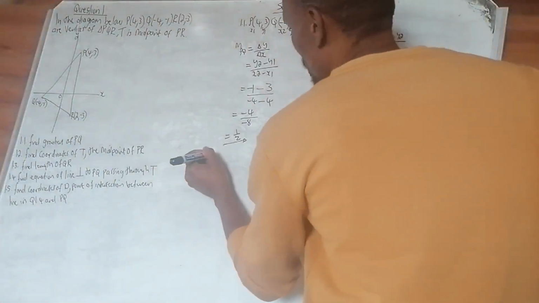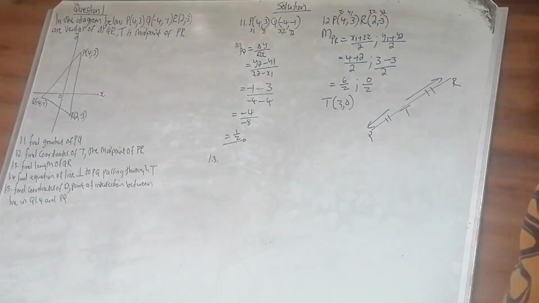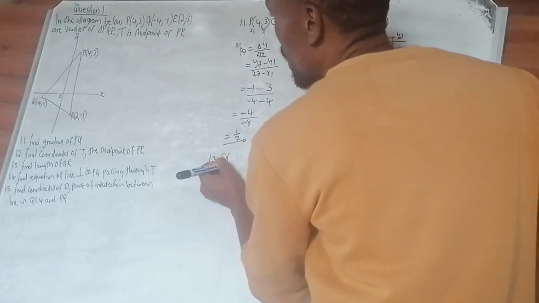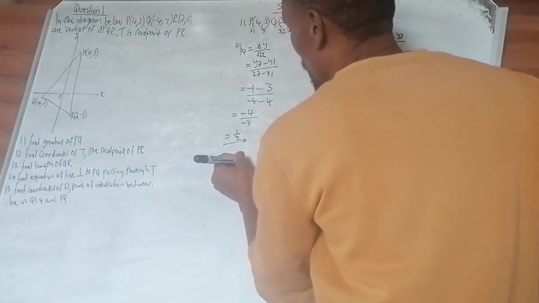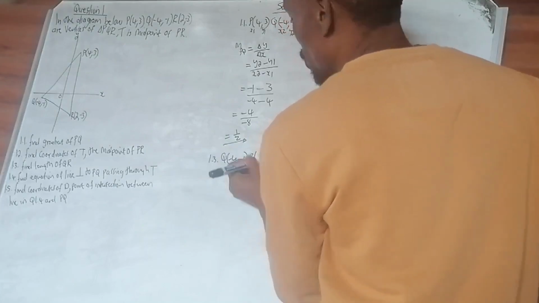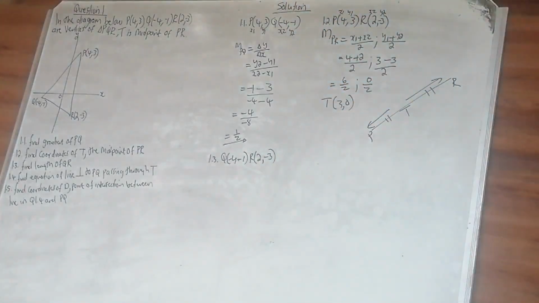Question 1.3. Find the length of QR. Q is minus 4 and minus 1. R is 2 and minus 3. We are looking for the length, which is the distance between those 2 points.